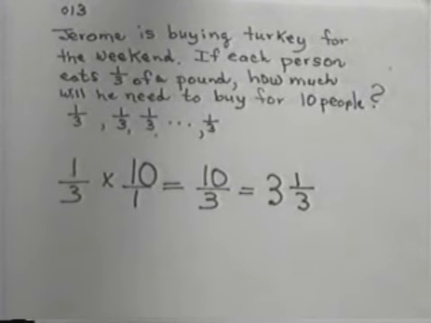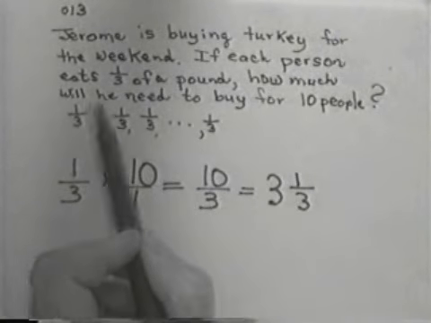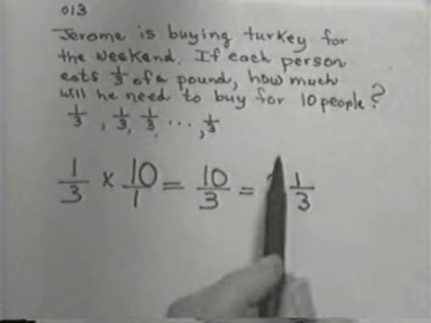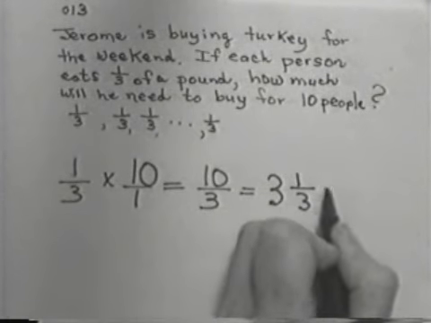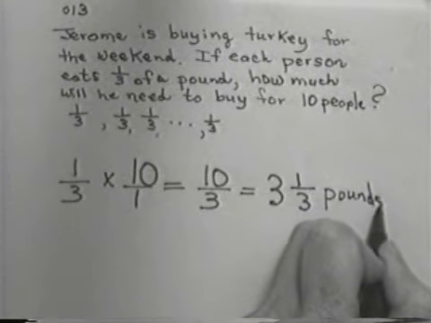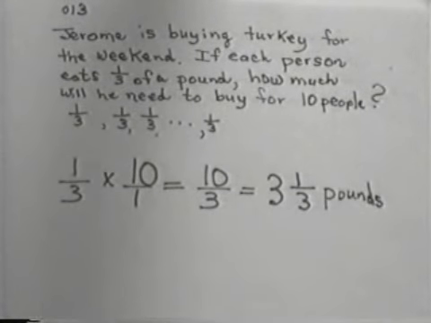So we'd have 3 1/3, and it says how much turkey will he need to buy. So this is the turkey that we're buying, and it's measured in pounds. So we'd need 3 1/3 pounds. 3 1/3 pounds of turkey is what you need to buy to feed the 10 people.